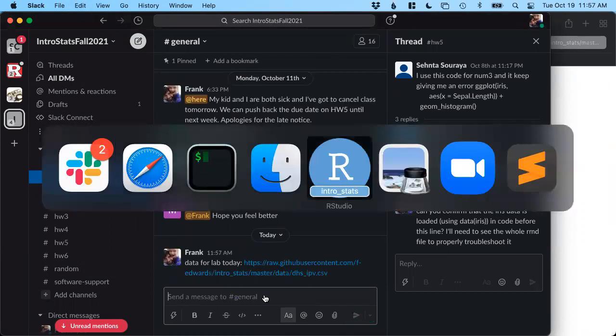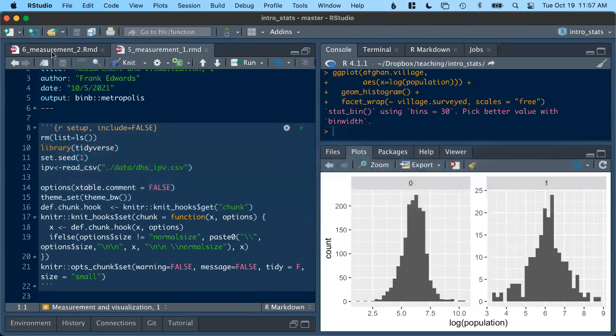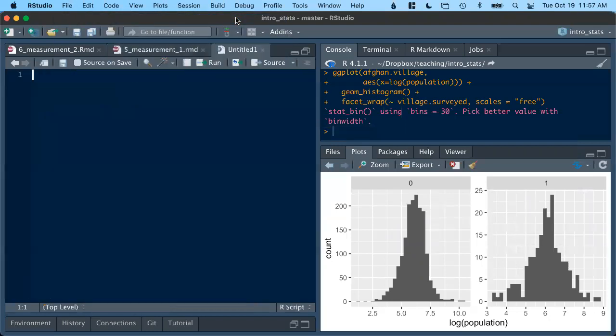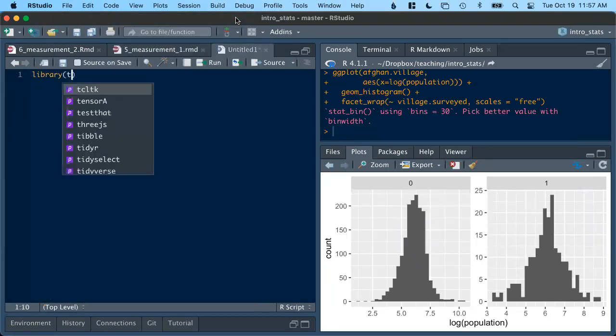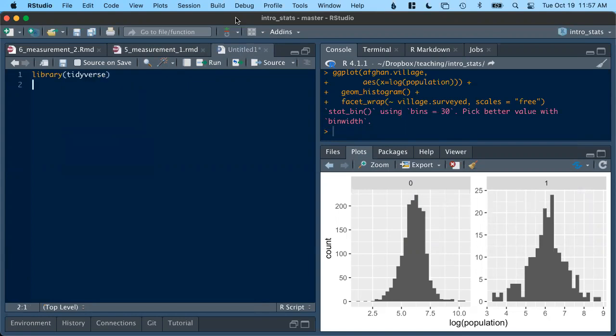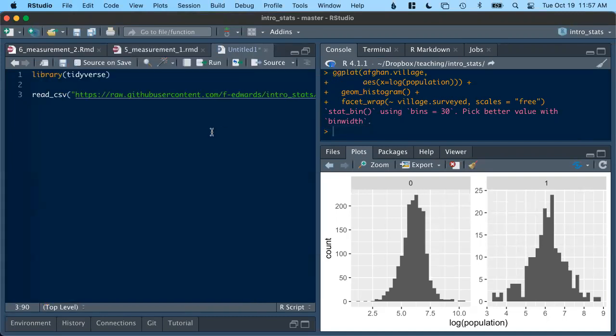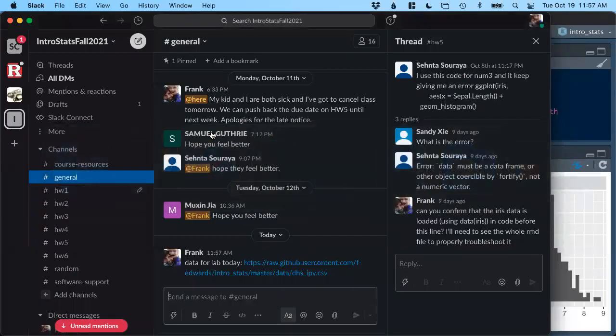And in order to pull that data into your R, let's make a new R script. We'll just do library tidyverse and read CSV to that URL. So you can just copy and paste that URL from Slack.